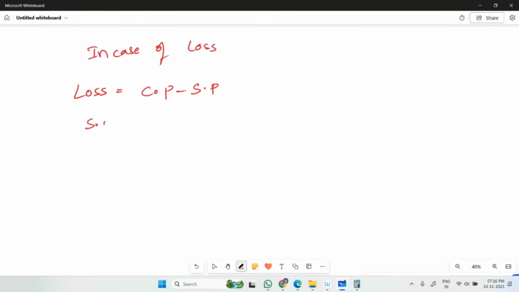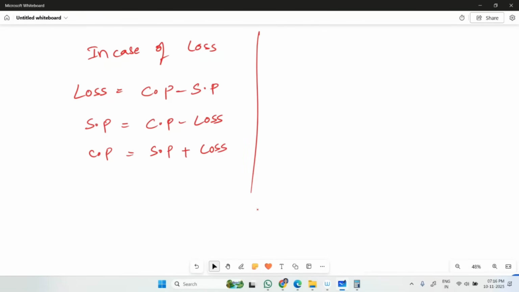To find out selling price, we subtract loss from cost price. To find out cost price, we will add selling price plus loss.